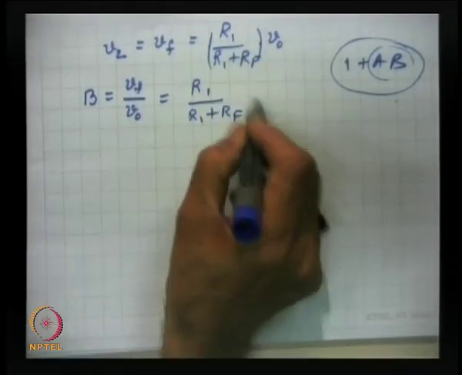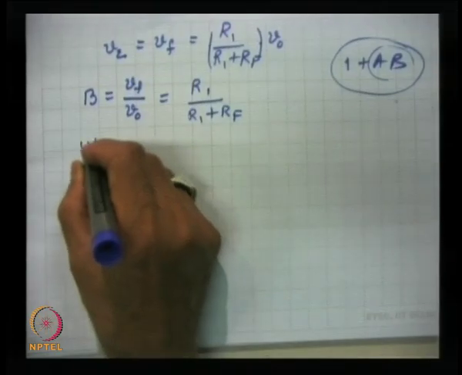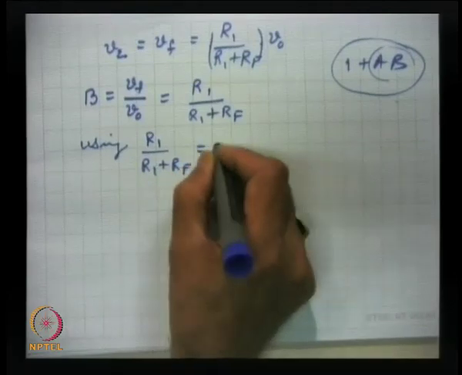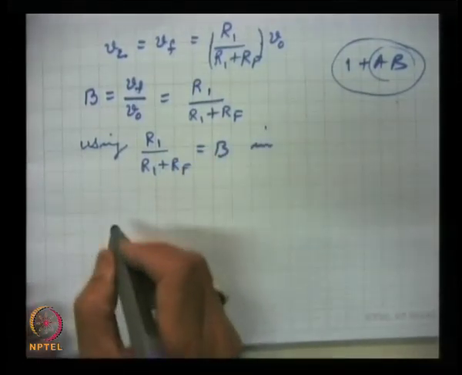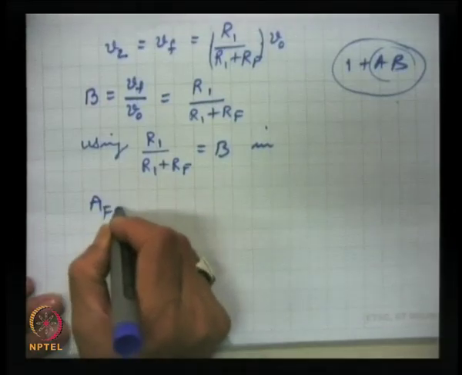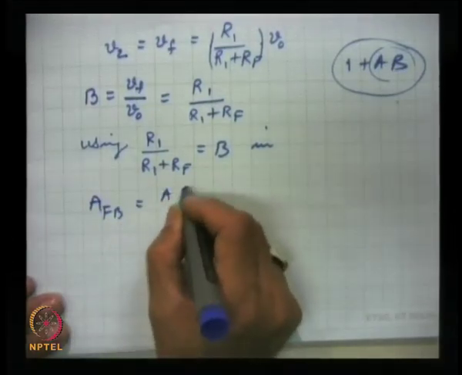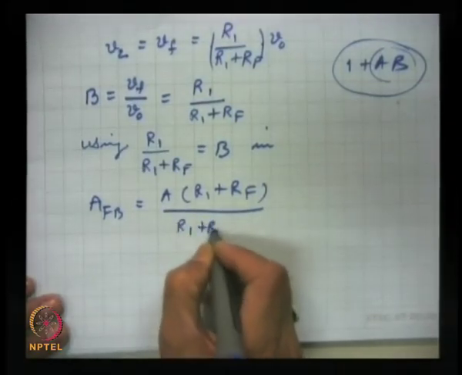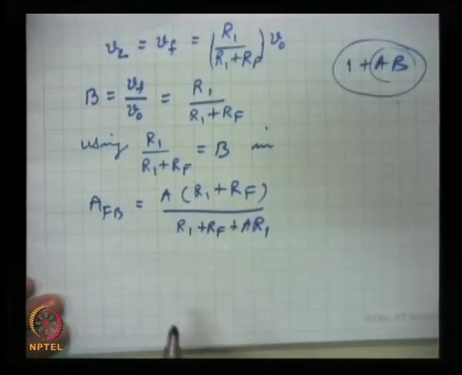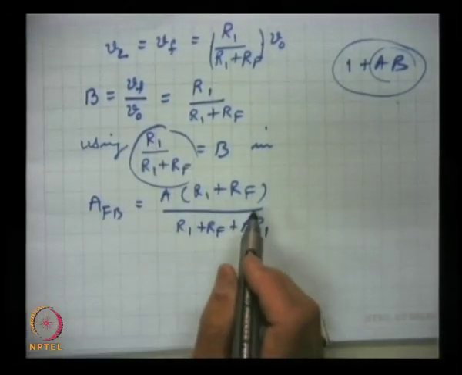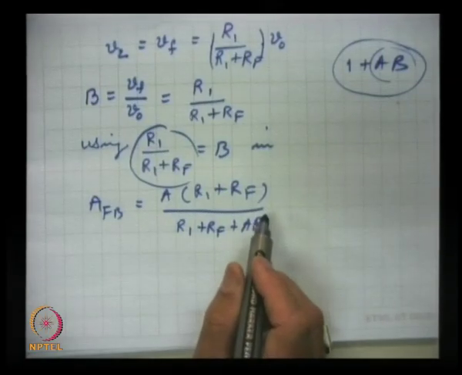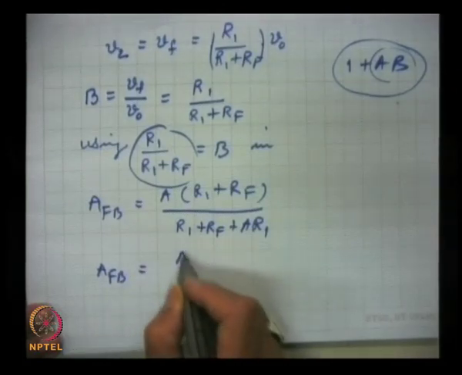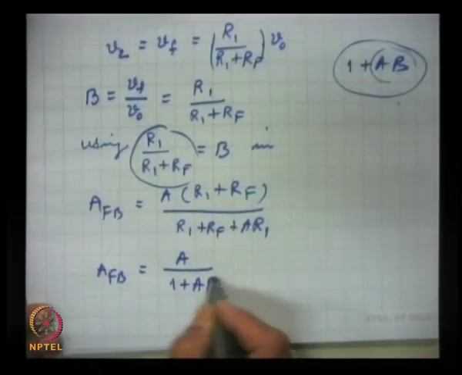Using this expression, using R1 plus Rf equal to B in the AFB exact equation, which was A(R1 plus Rf) over (R1 plus Rf plus A R1), if we use this, then AFB can be written as A over 1 plus AB.